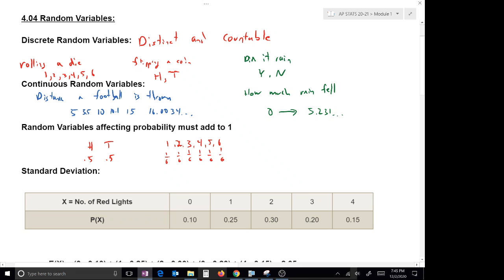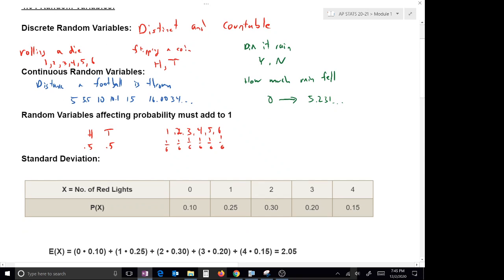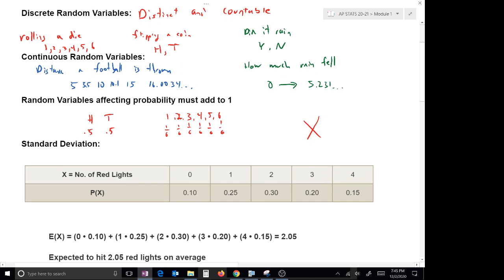By the way, we use capital letters to define any random variable. So we might call X the possibility of flipping a heads.